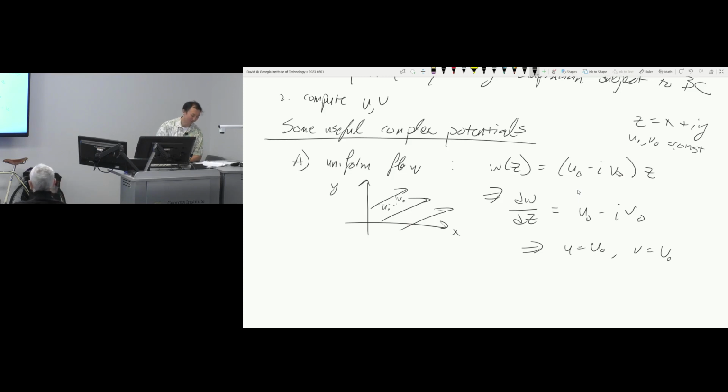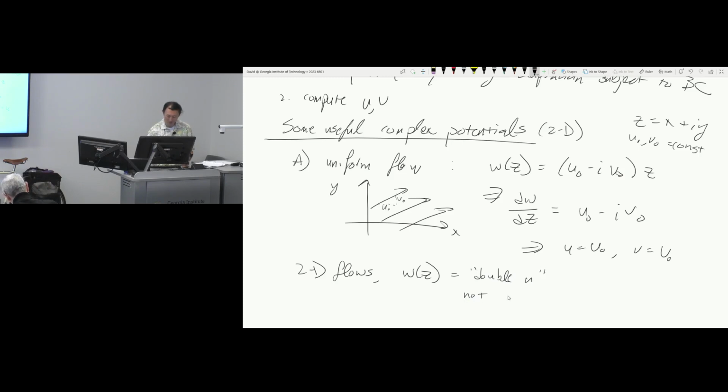Yeah. This is not vorticity. Yeah, because these are all 2D flows. Okay. So these are 2D flows. So a couple things. Here, if I say W of z, this is W, double-u.